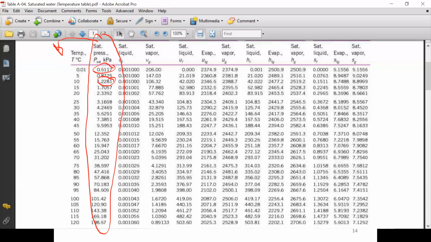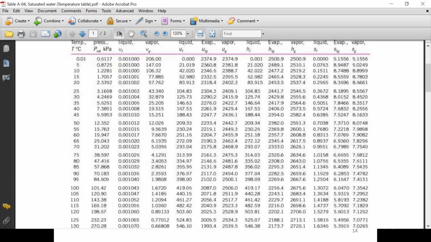Against each pressure, they put the temperature. It's exactly the same, you'll find out very soon, but the values are rounded, there are no fractions in the first column.